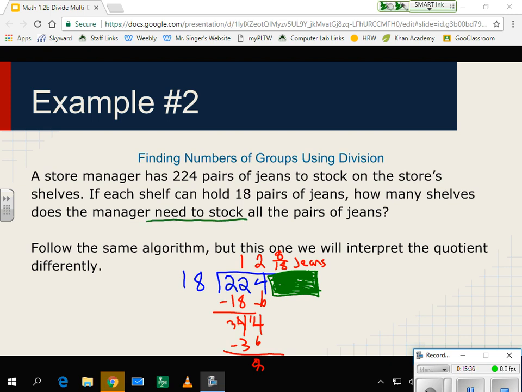Well, the largest whole number here we get is 12. So the answer is 12 jeans per shelf. We are looking at the problem in a realistic scenario that you can't have 8/18 of a pair of jeans sitting on the shelf.